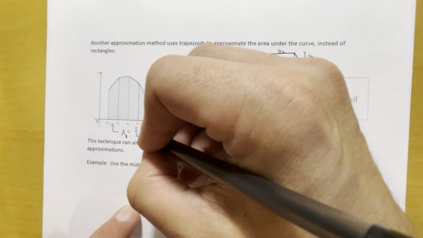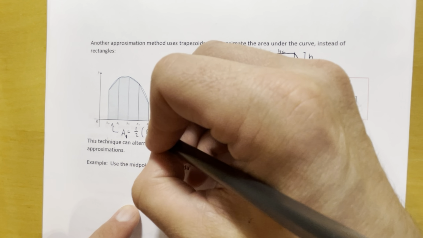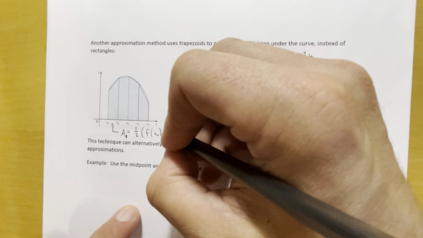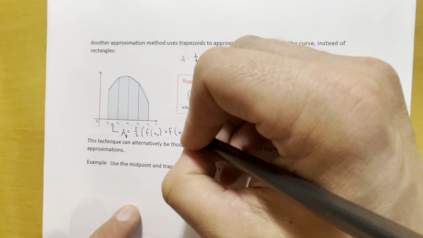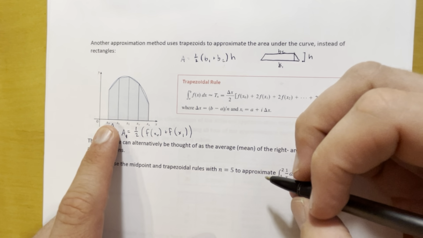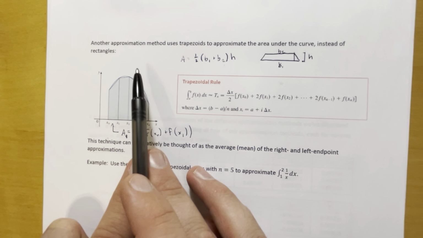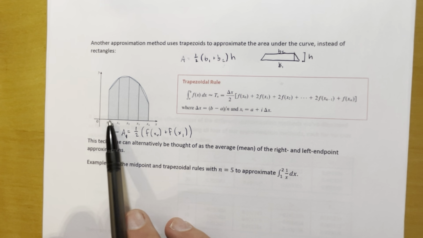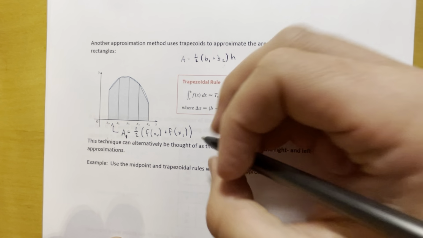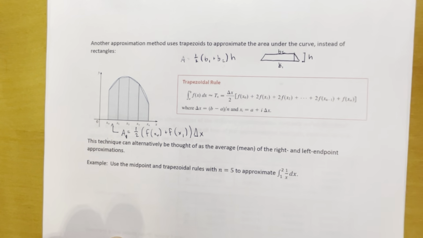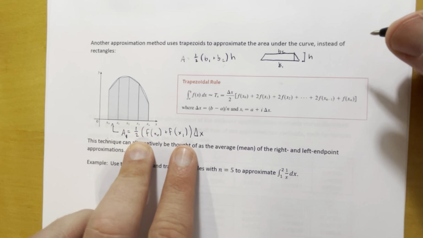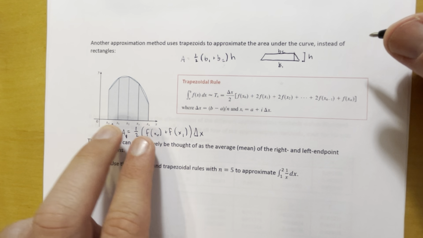So 1/2 times f of x0 plus f of x1, times the height of that trapezoid. Well, again, because these are like trapezoids that have been turned on their sides, the height is this horizontal length right here, but we see that that's the same thing as delta x, or the width of our subinterval. So this would be the first trapezoid.